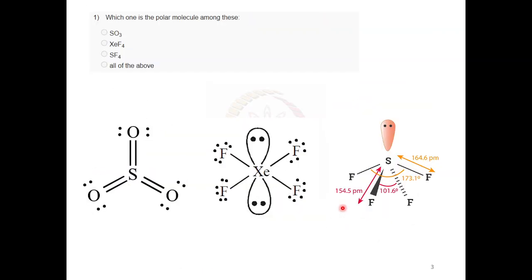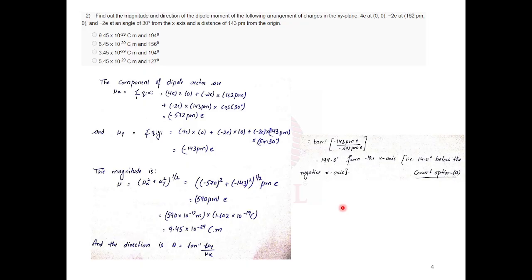So if you read this, here only SF4 is a polar molecule, but the others are not. And here the answer will be option A, 9.4 × 10^-29 coulomb meter at 194 degrees.